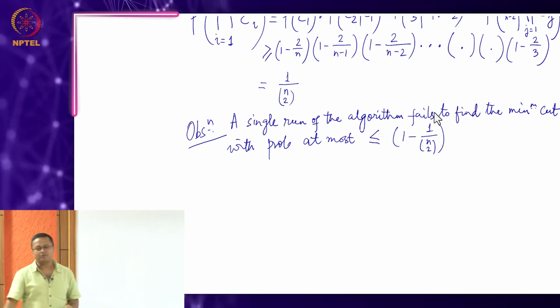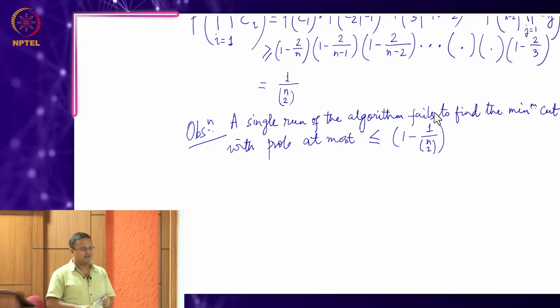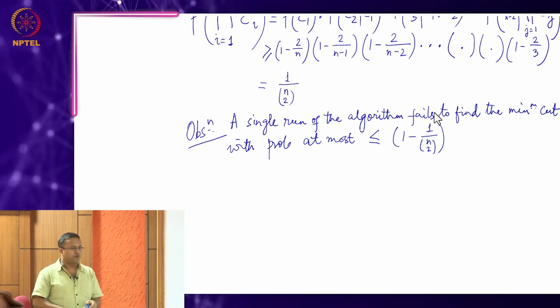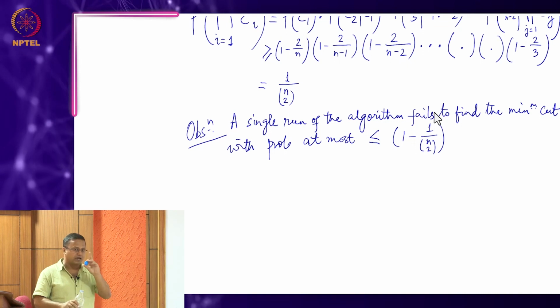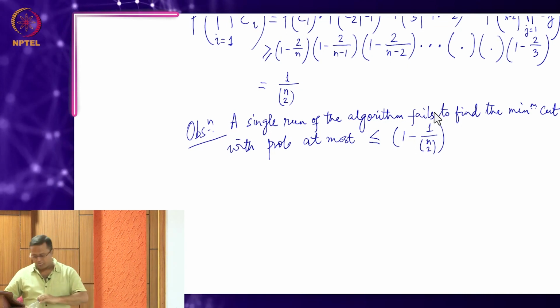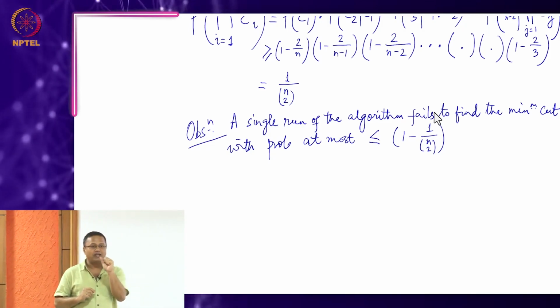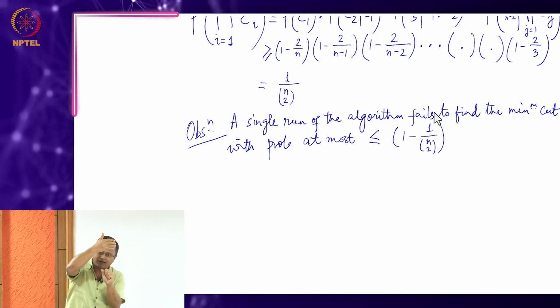Now herein comes a trick of randomized algorithms for algorithms that have a one-sided error. Mind you, for a minimum cut, you could not find a cut that is less than the minimum cut, right?